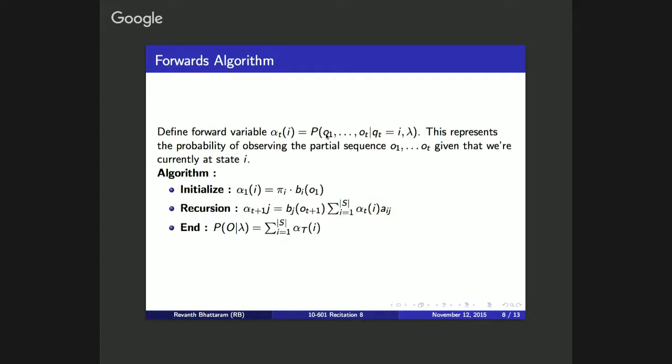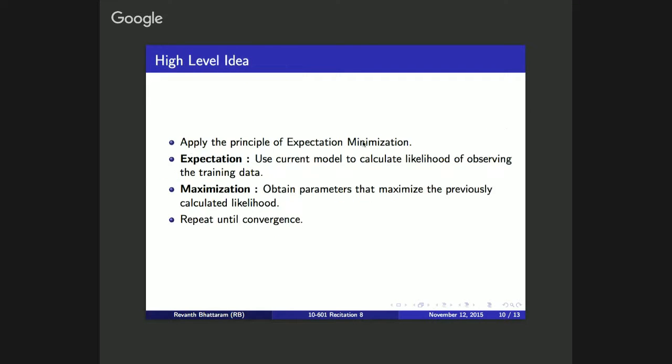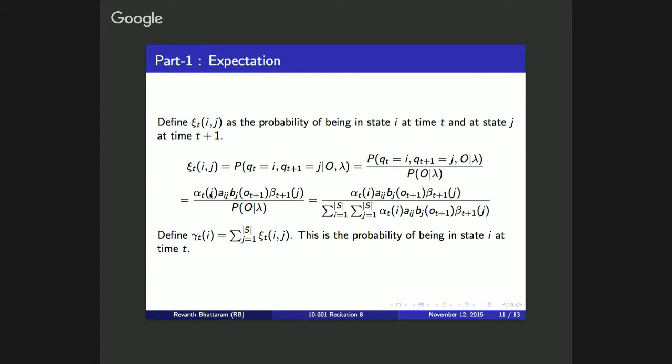It's the probability that I observe O1 to OT and I land in state i. So we observe O1 to OT, and we're currently at state i. That's encoded by the alpha term over here. And then we have to make a transition, so let's multiply by the transition probability, Aij. We transition from i to j. That's what we multiply over here.